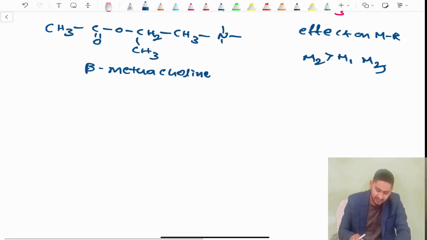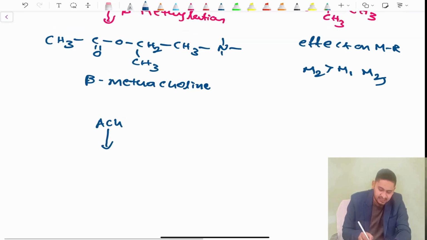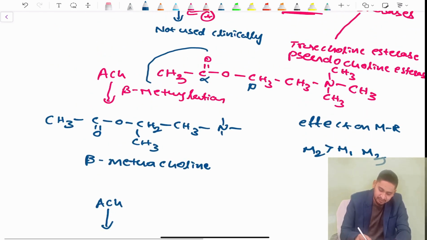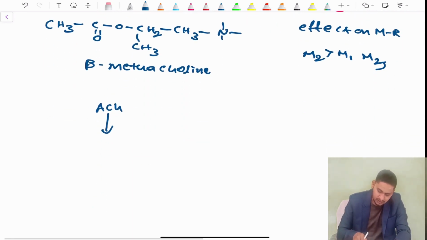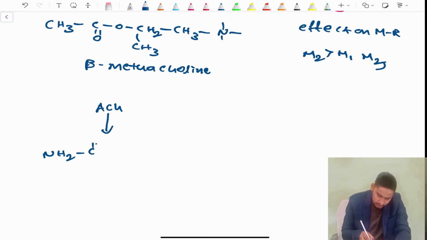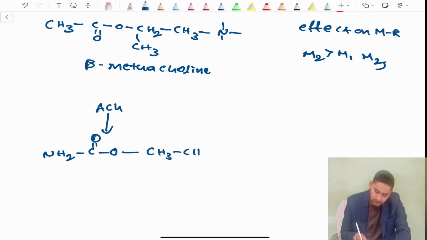Now I'm taking acetylcholine and replacing the acetyl group with the carbamyl group. This is called the carbamyl group, where the ester bond is connected to the choline.